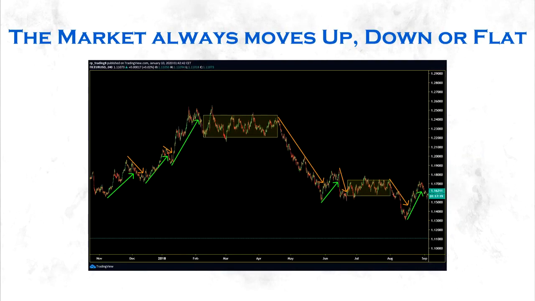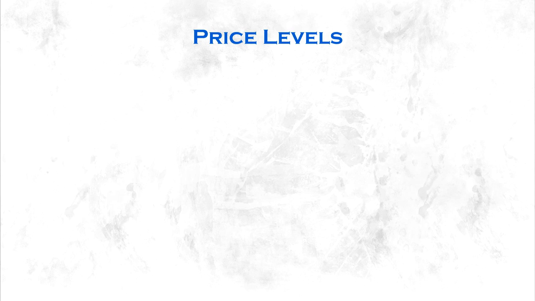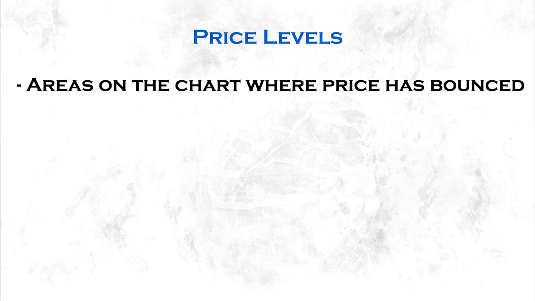And that's it. Next thing I want to talk about is price levels. Price levels are essentially the areas that price interacts with on the chart, and we are going to talk a lot about price levels in another lesson, but let me give you a quick overview of what I mean by that. Price levels are the areas on the chart where price has bounced off of in the past.